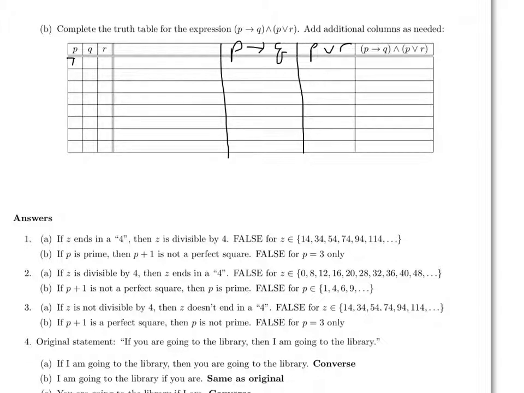It's hard to write these little boxes, but I'll start off with 4 T's and 4 F's in my P column. And then in my Q column, I'll alternate 2 T's, 2 F's, 2 T's, 2 F's.